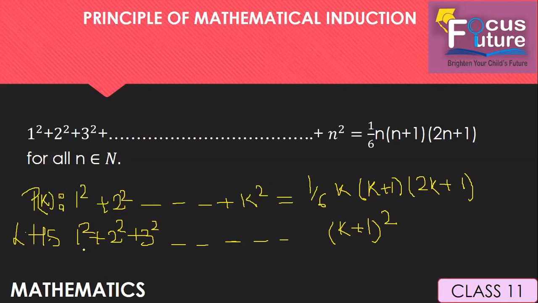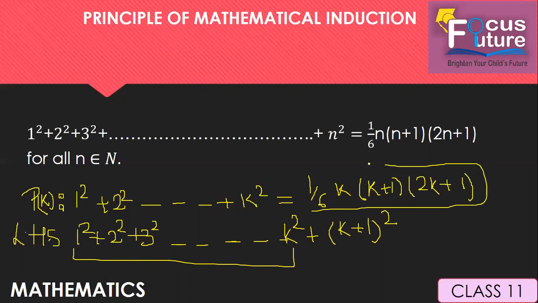So you can see here there is an increase of one term, 1 plus 1 is 2, then 2 plus 1 is 3. So the term previous to k plus 1 whole square would be k square. And the value of this whole sum we have already assumed as Pk is true. So this value would be this whole expression. Now let us place the value and solve this further.